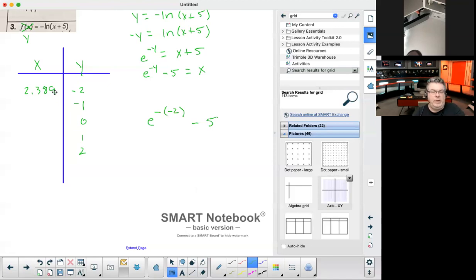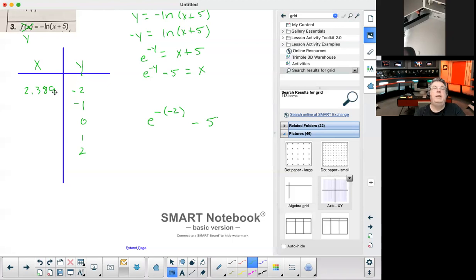So let's double check that. Control C. And so negative natural log, control V, plus 5. Yeah, it works.